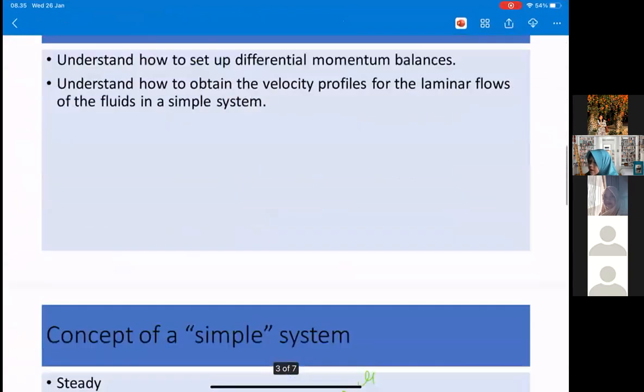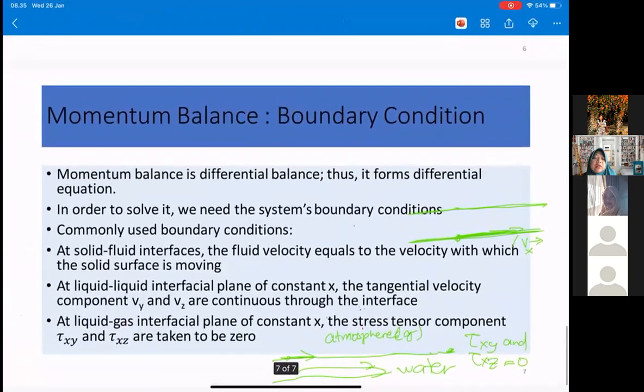Okay, in the previous slide, if you remember, these are the commonly used boundary conditions. At a solid-fluid interface, the fluid velocity equals the velocity at which the solid surface is moving. The second one, liquid-liquid interface, we don't have. And look at the last one, at the liquid and gas interface, where we have the stream, and this is the atmosphere, which is the gas.